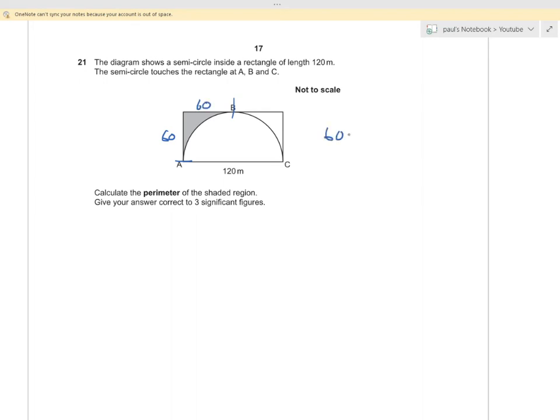So we've got 60 plus 60 plus, and we've now got to find this curvy bit, which is pi d, and we're finding a quarter of a circle, aren't we? So divide by 4.